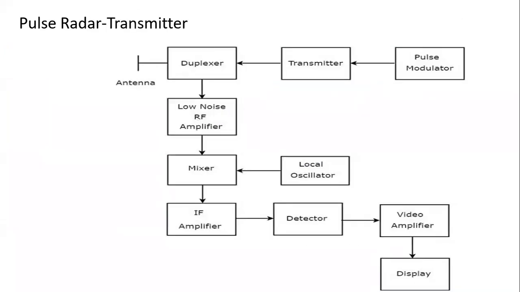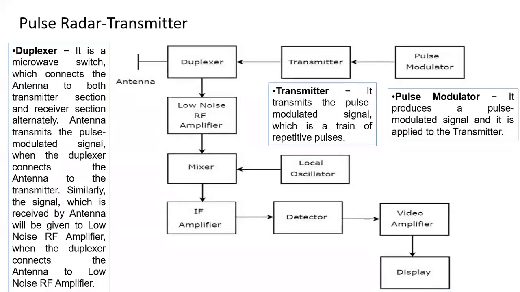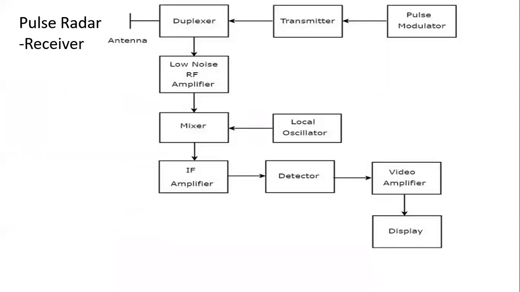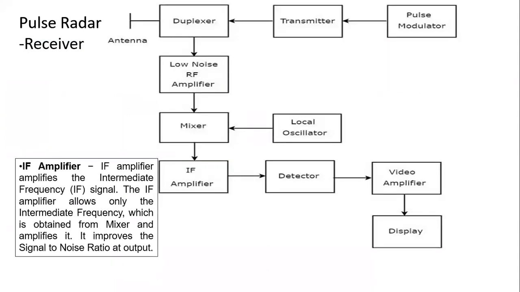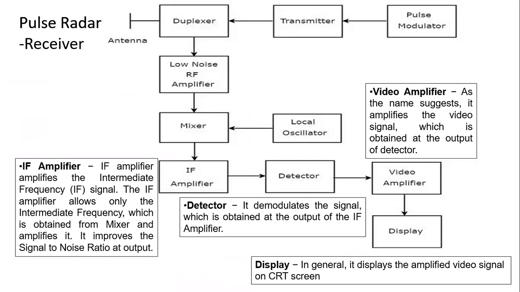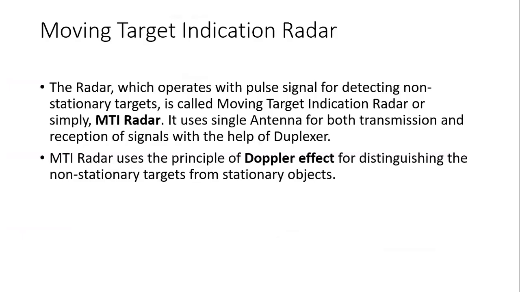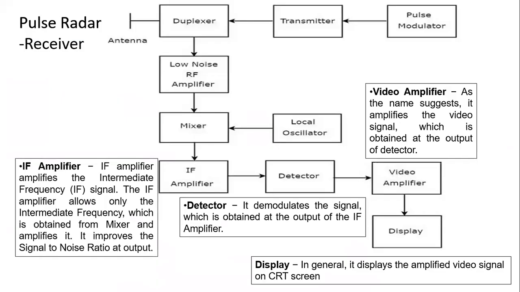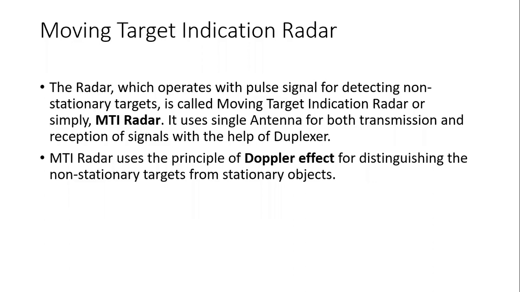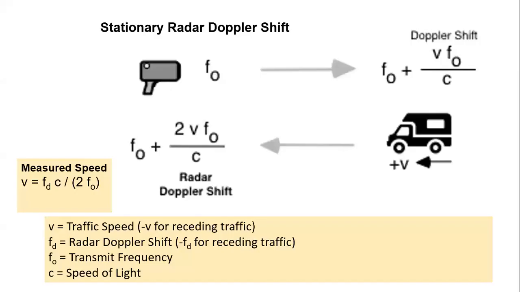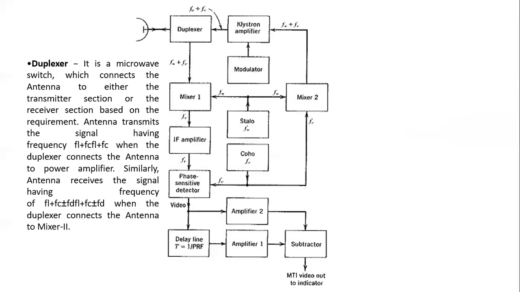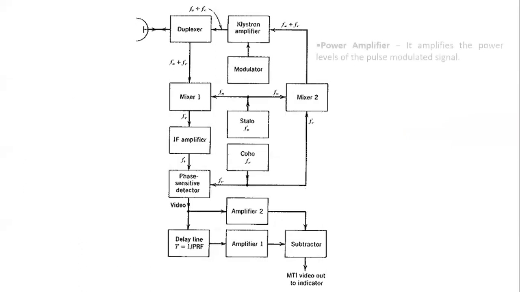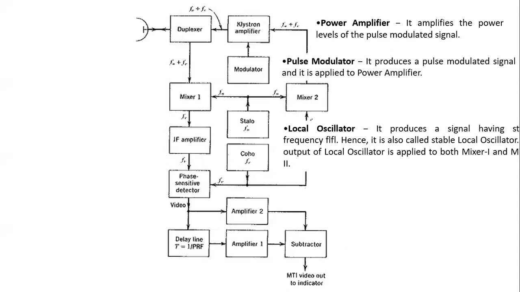For fixed targets, we are tracing out targets which are fixed, like the examples of terrains, mountains, and mines, where geostationary satellites are being used. Then for the moving target indicator, with the help of the Doppler effect, we are able to trace out whether the object is moving towards us or going away from us, and what the speed of the target is.